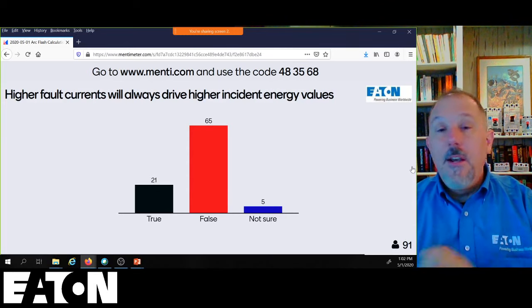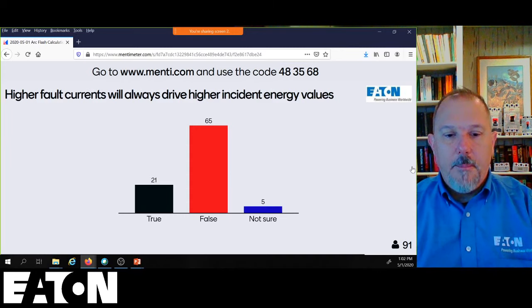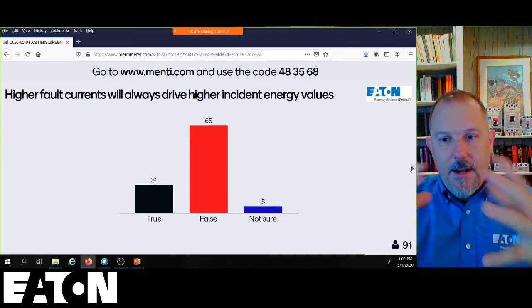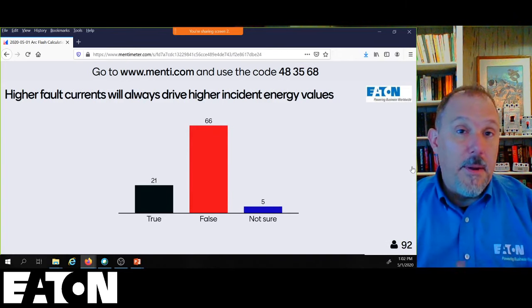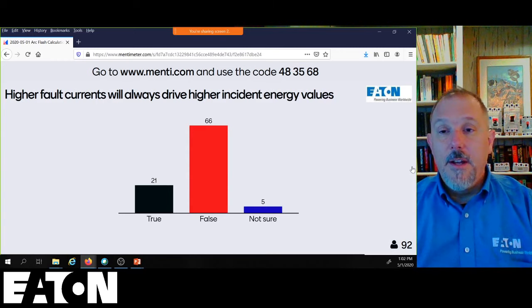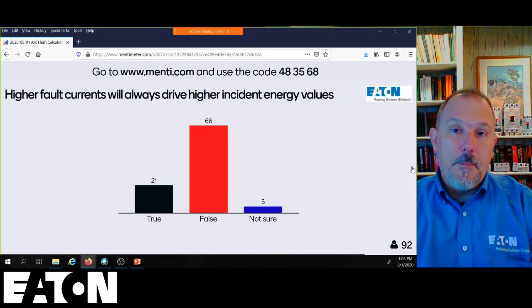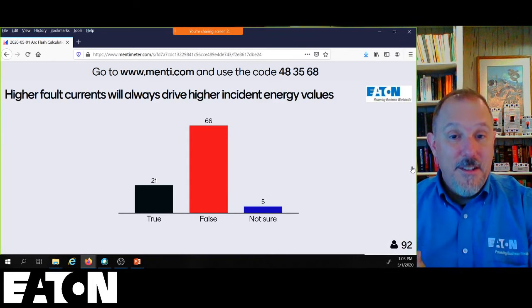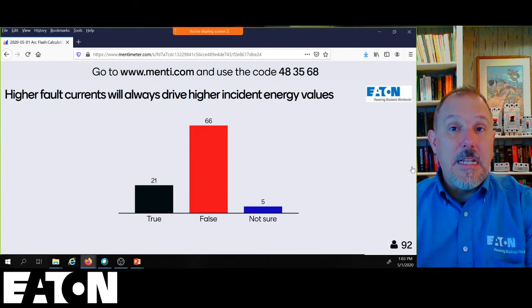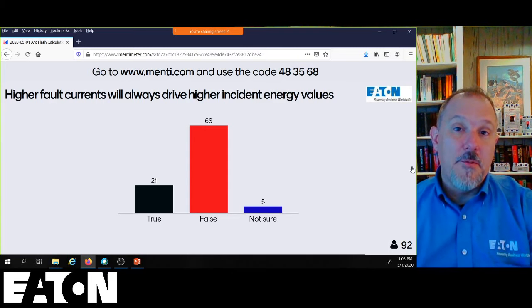And I looked at it, put it in SKM, and ran an analysis. For giggles, I added another conductor in parallel feeding that feeder, and it cut the impedance in half, and it increased the arcing current and bolted fault current high enough to get into the instantaneous region of the upstream overcurrent protective device.